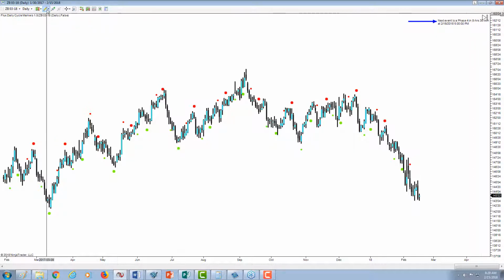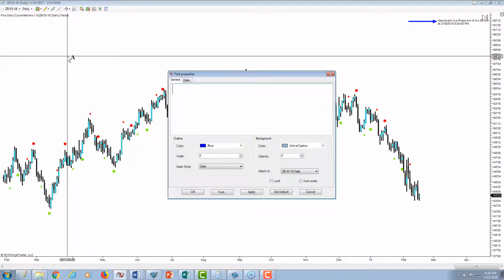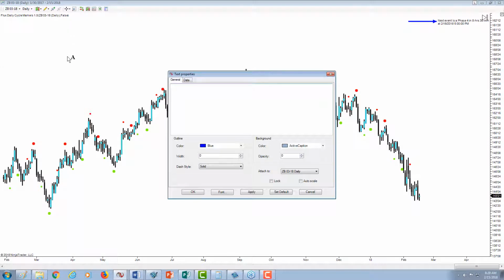Now, there are 4 cycles in this daily cycle marker pattern from the alpha package. There's a 1, a 2, a 3, and a 4. Think of them like seasons of the year. Okay? 4 quadrants of energy.